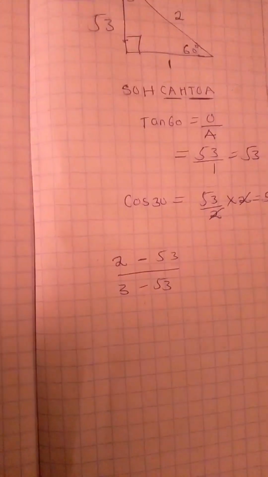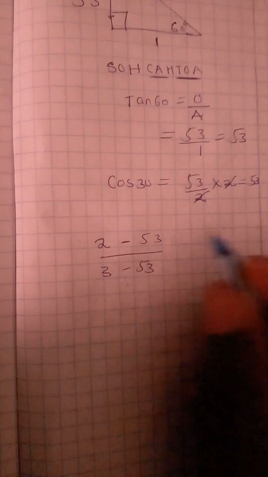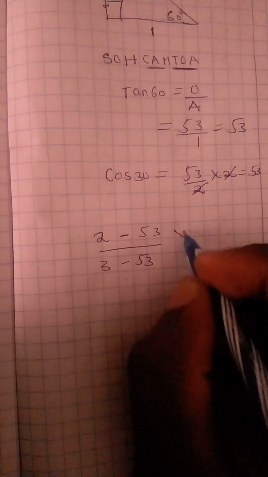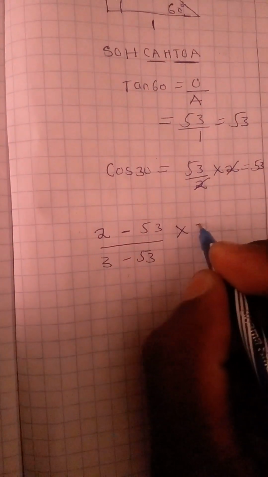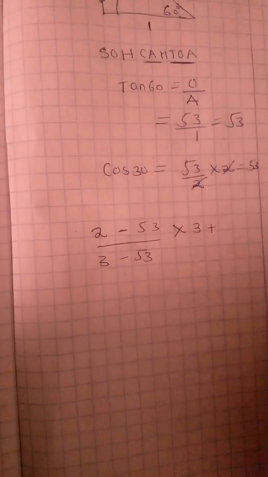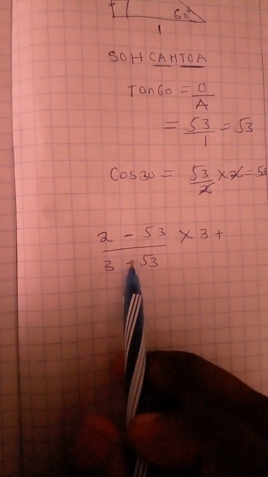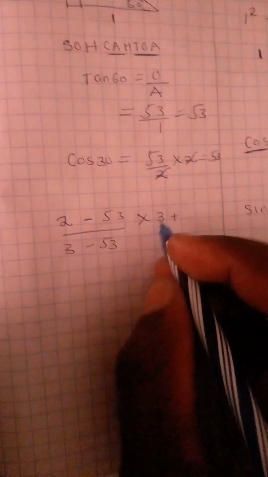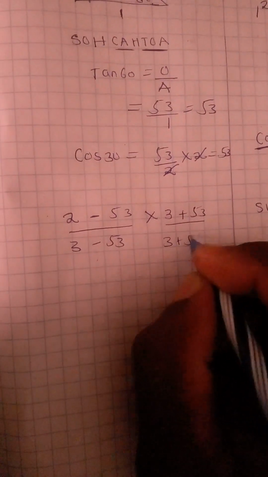Using the conjugate method, we multiply the numerator and the denominator by this number. Remember, using the conjugate method, we change the sign here: 3 plus root of 3 here, 3 plus root of 3 here.